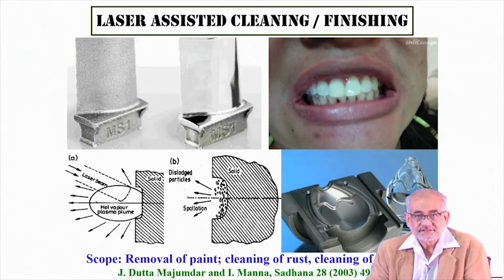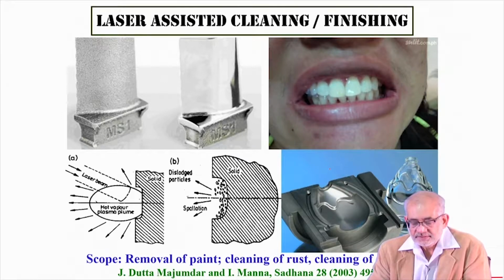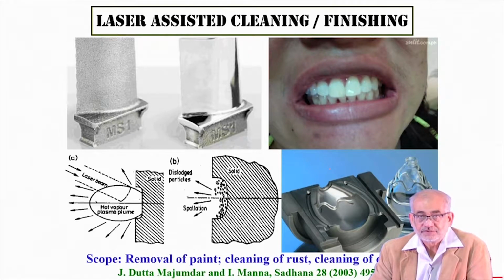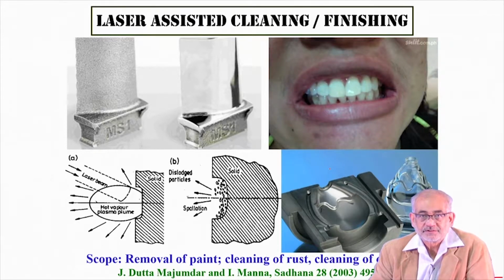And those objects develop certain rust or chemical coating over a period of time by interacting with the atmosphere. You know, some kind of sulfide or carbonate layers can form which cause discoloration.